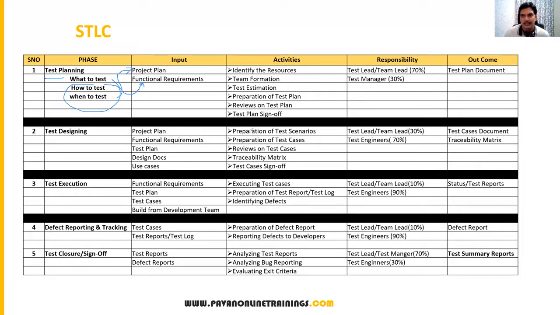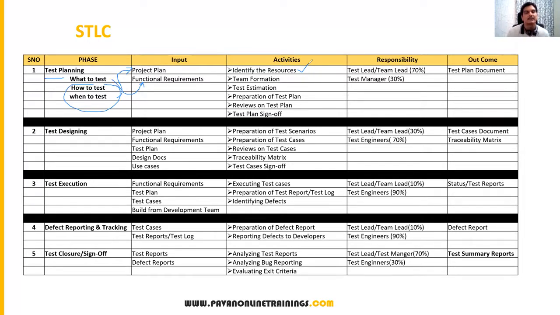So here the main activity is to identify the resources. What do resources mean? Software and hardware resources. Suppose I don't have proper testers for my project. I conduct some interviews and recruit people who have the same kind of skill set. Or suppose there are other people in the company sitting idle without any project, then I can choose some of them based upon their skill set.